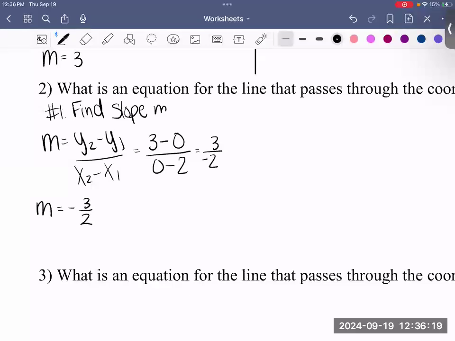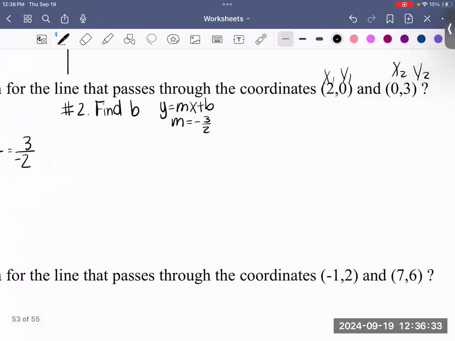That's perfectly fine. Step 2, let's find your b, mx plus b. We have m to be negative 3 over 2. And then whichever point you like, we can go ahead and plug in. I might choose the point 3, 0. And I'm just going to plug it right into our equation.